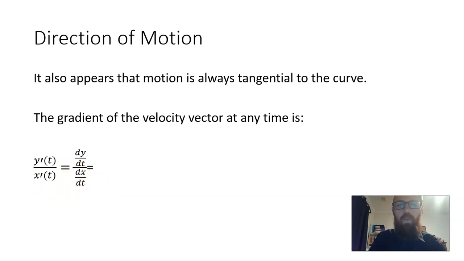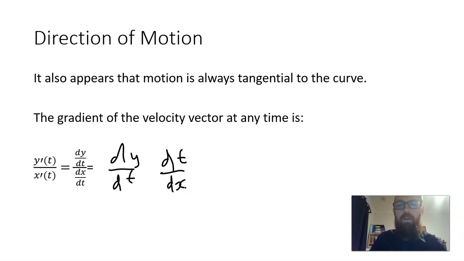Now, we know if we divide by a fraction, it's the same as multiplying by the inverse. So dy by dt is the numerator. Instead of dividing by dx by dt, we can multiply by the inverse, so dt by dx.